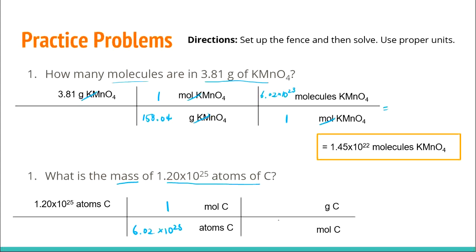So where do those numbers go? 12.01 will go on top next to grams. 1 will go next to mole. Atoms cancel out. Moles cancel out. Multiply across. Divide by Avogadro's number. And you get an answer of 239 grams of carbon.